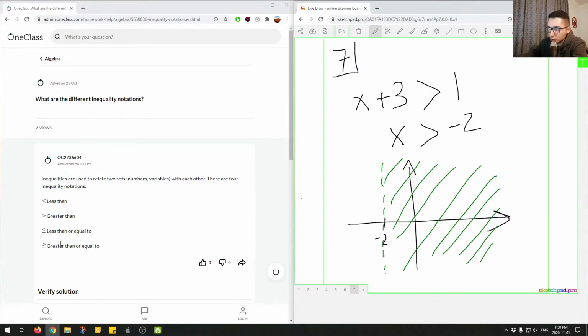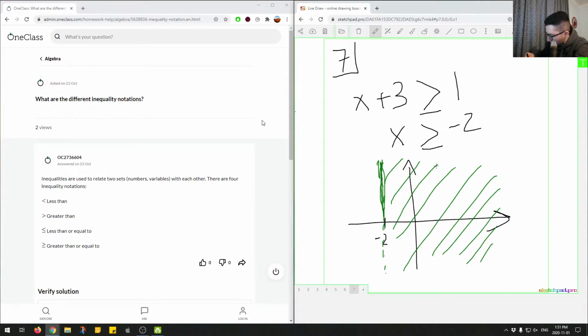I'll use the same example for greater than or equal to. If we had an equal to sign down here, the main difference you'd have to note is that this line would actually be solid.